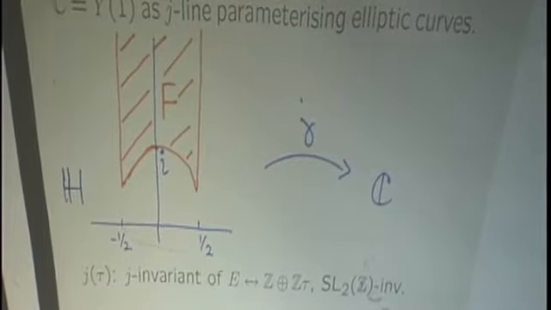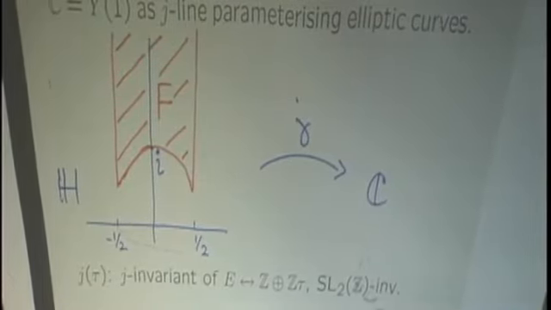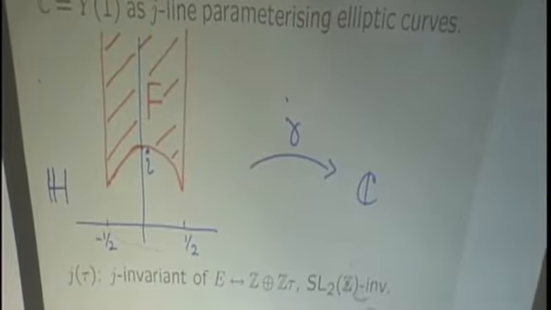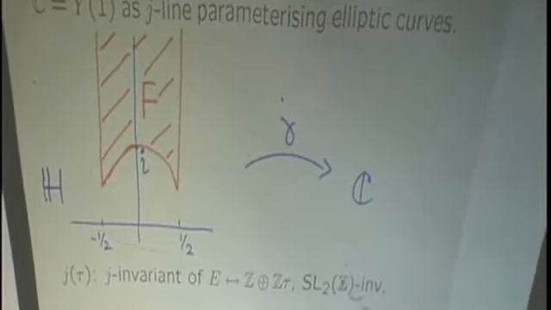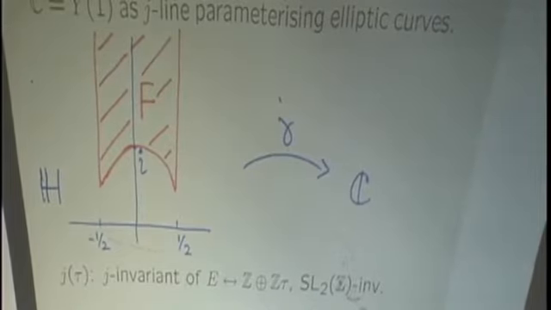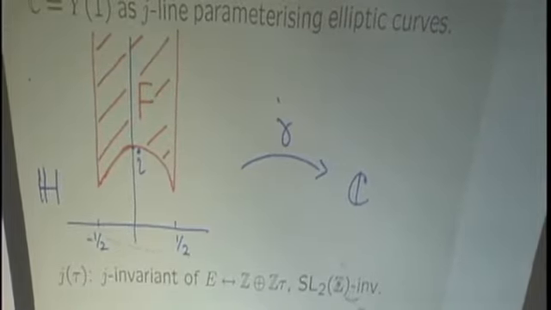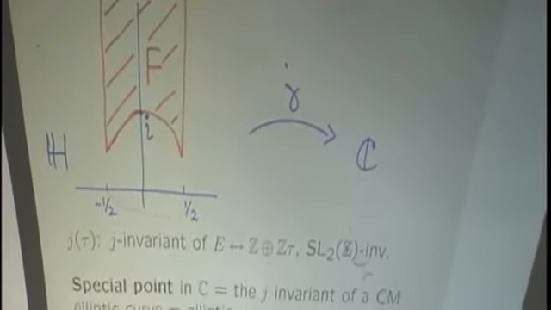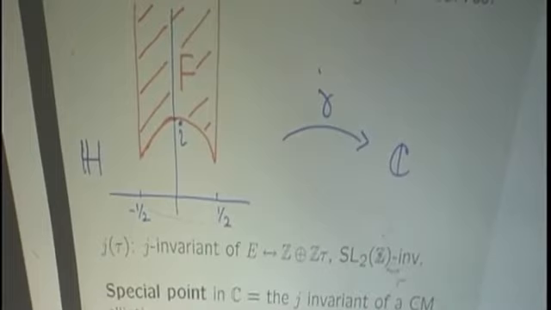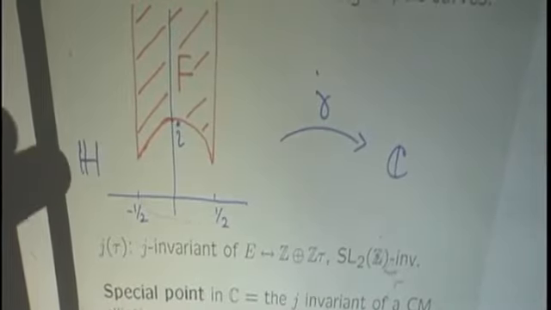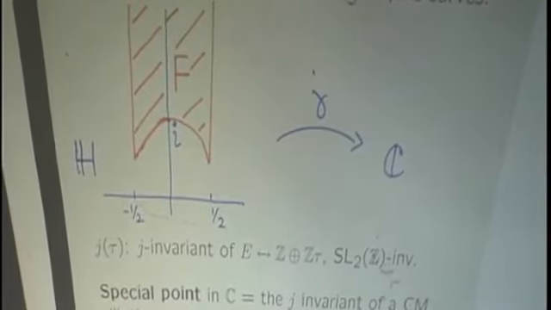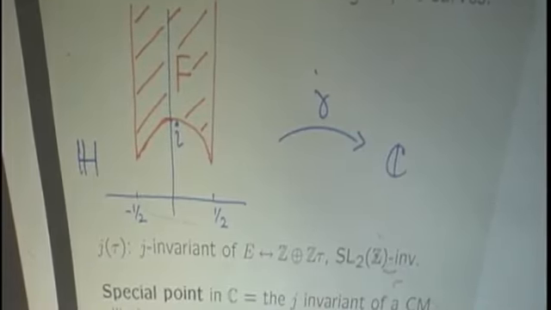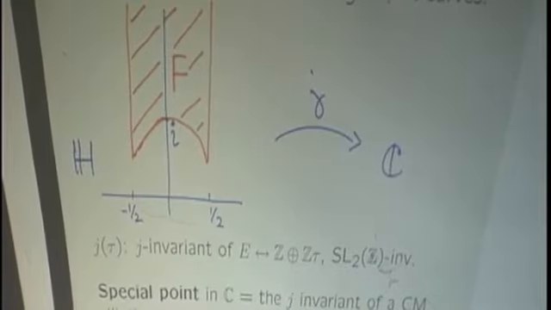So if you have an elliptic curve, that will be complex numbers modulo a lattice, and you can change that lattice to be in the form Z plus Z tau, where tau is in the upper half plane. So j of tau is then the j-invariant of that elliptic curve. So this is an analytic function on the upper half plane onto the complex numbers, and it is invariant under SL2(Z), acting as Möbius transformations.